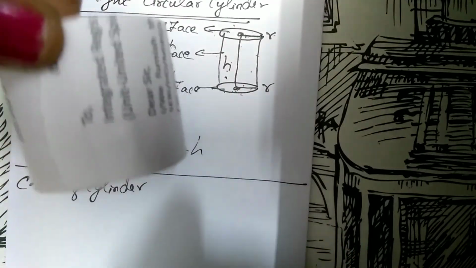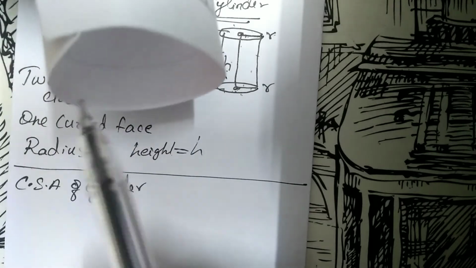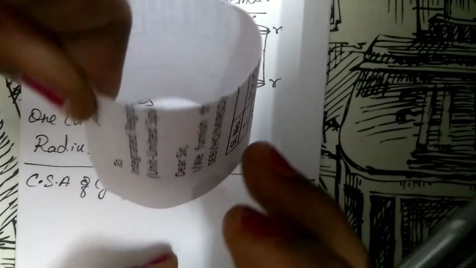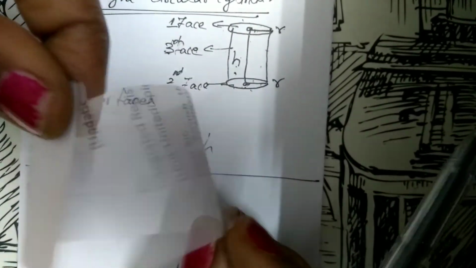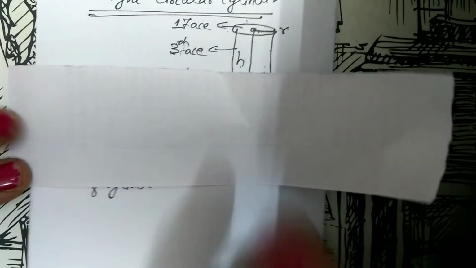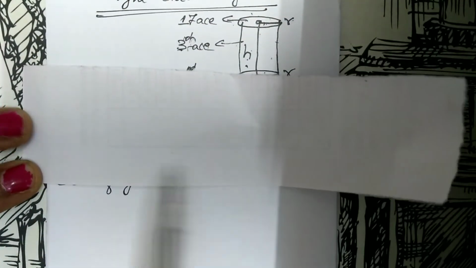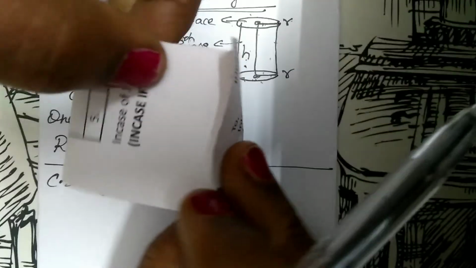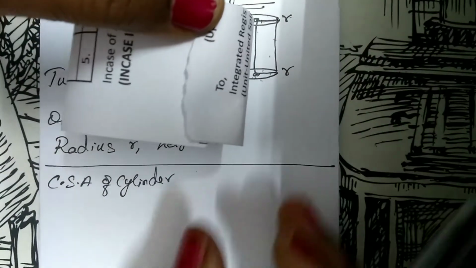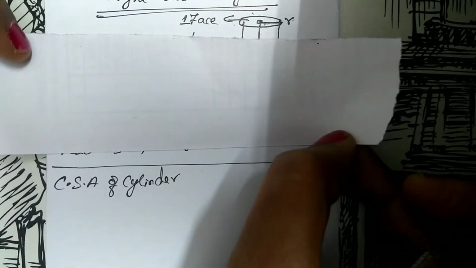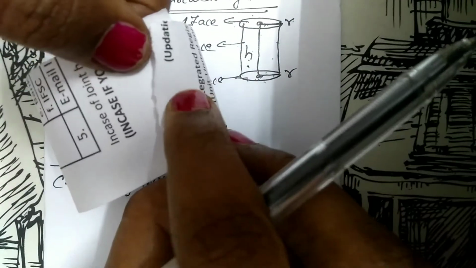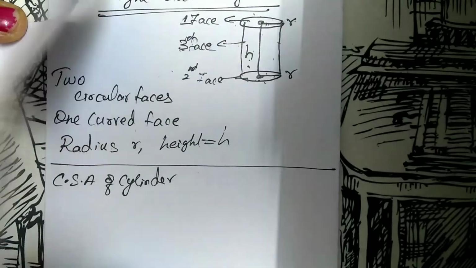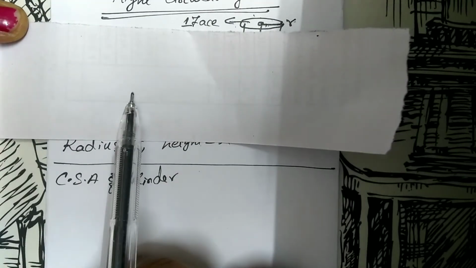We have the top and bottom two circles. Now this curved surface area, when I open it, does it come into the shape of a rectangle? You can see clearly now. When I open the paper and extend the curved surface, I am getting it in the shape of a rectangle.